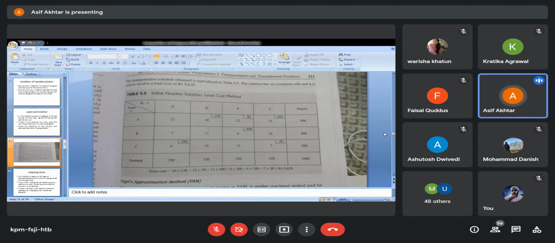It is your choice. Either you apply northwest corner or you apply the least cost method. In some cases, the question could be to calculate the initial feasible solution by applying northwest corner or least cost method. So if the method is specified, you have to apply the method mentioned in the question. If it is not specified, it is your choice.